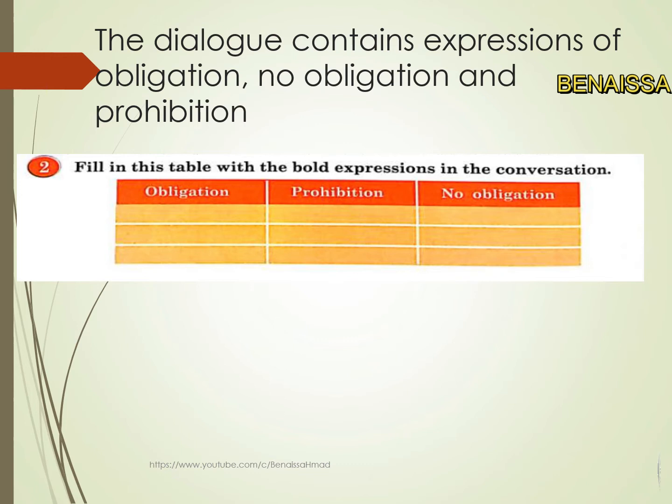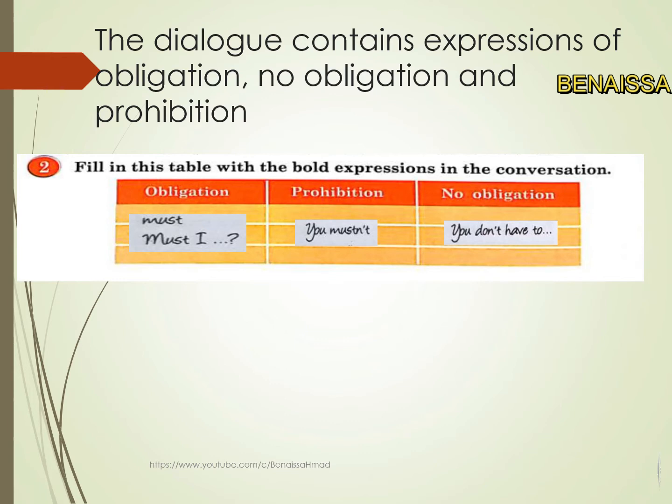Now let's correct. The first one, must and mustn't. Must is obligation. When you use you mustn't يعني ليس مفروضا عليك ممكن أن تقوم به. No obligation, you don't have to, ليس من الضروري أن تقوم به.